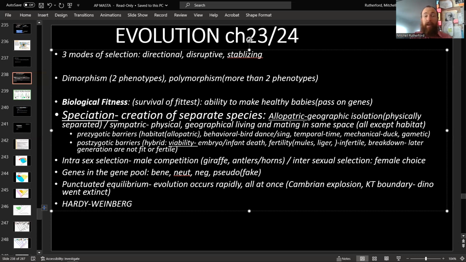We have 5 mass extinctions, okay? And then right after that, we have basically massive speciation.